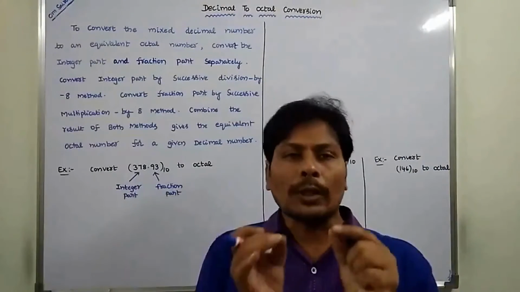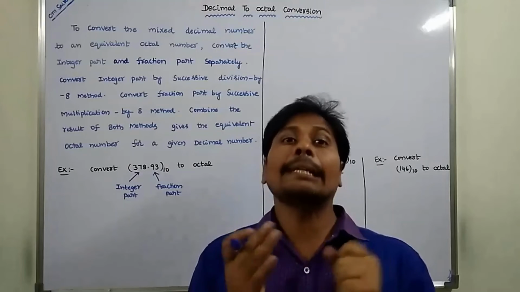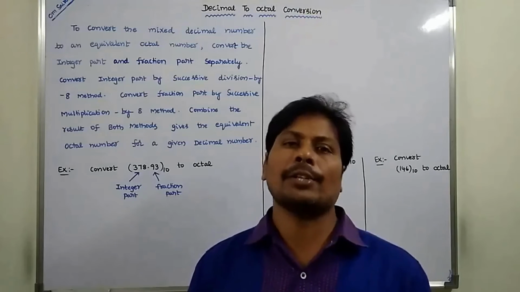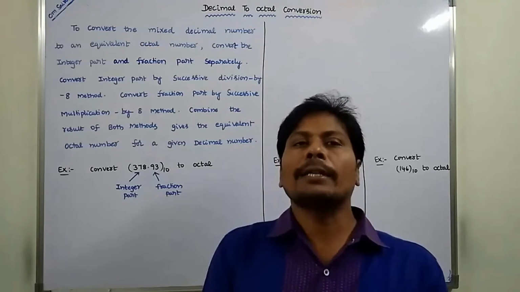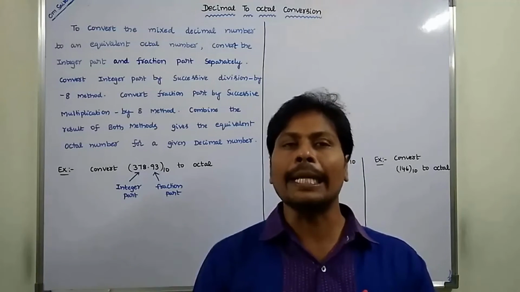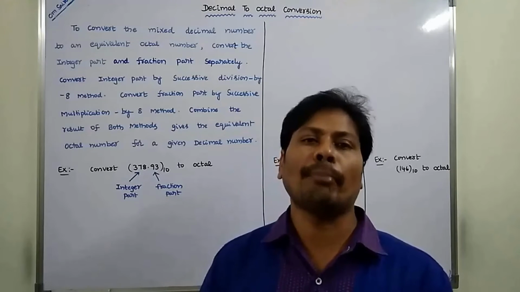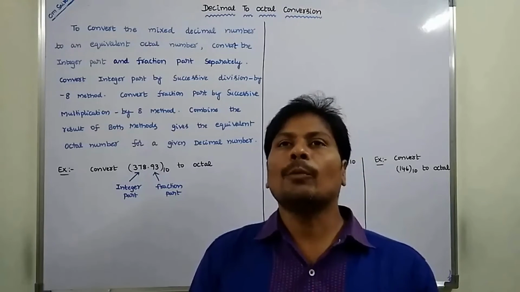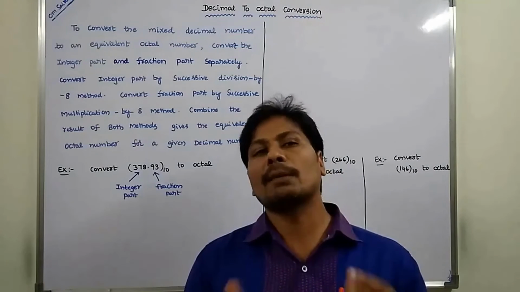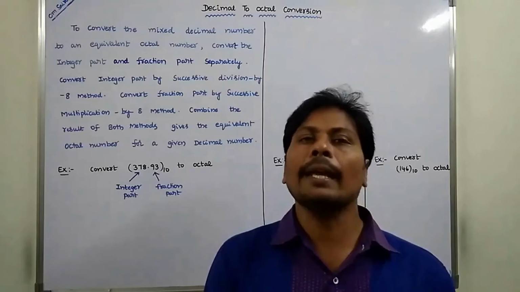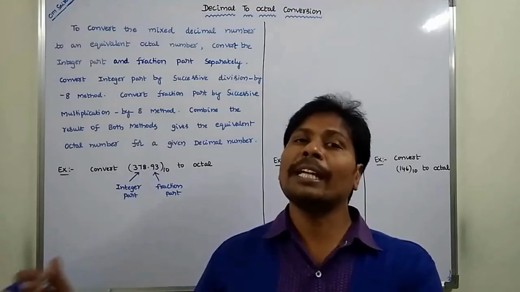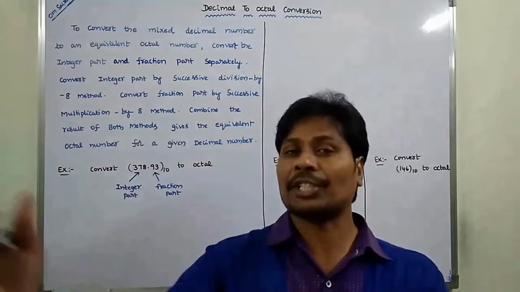Okay, to convert the mixed number that contains both integer part and fraction part, so at that time we have to use both methods, that is, the successive division by 8 method separately for the integer part and the successive multiplication by 8 method for the fraction part.